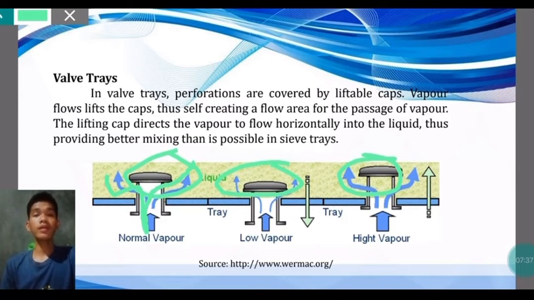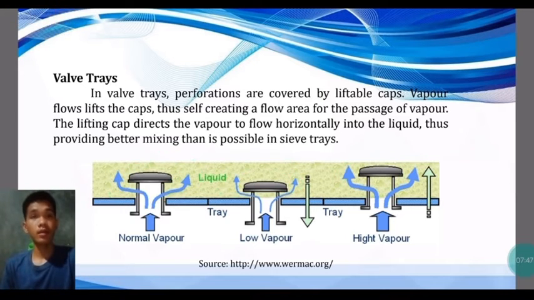The lifting cap directs the vapor to flow horizontally into the liquid, thus providing better mixing than is possible in sieve trays. Here you can see how normal, low, and high vapor flow will lift the caps.